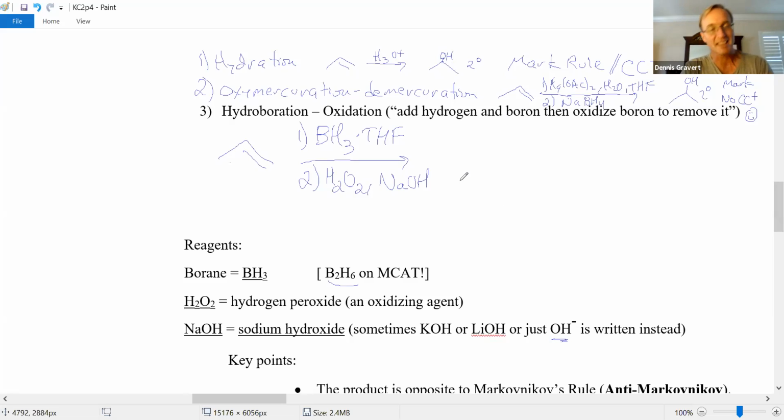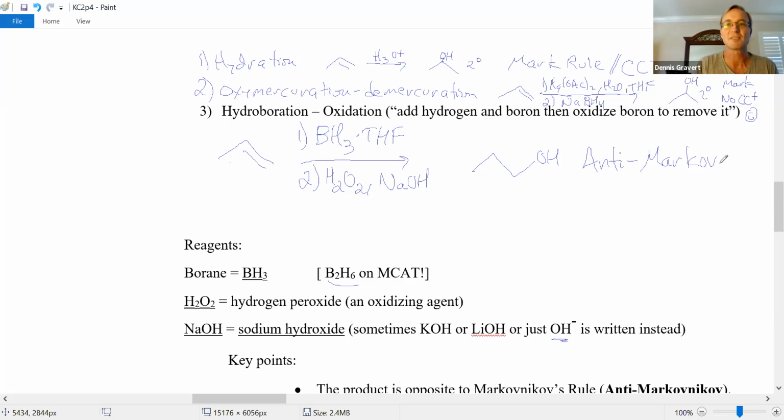Okay, third reaction, last one for this video. BH3 with THF or B2H6. First reaction, wait till it's done. And then afterwards, a second reaction, add a mixture of hydrogen peroxide at high pH, sodium hydroxide added in there. And then you make an alcohol, but this time the alcohol is on the other end of the alkene, the so-called anti-Markovnikov product.